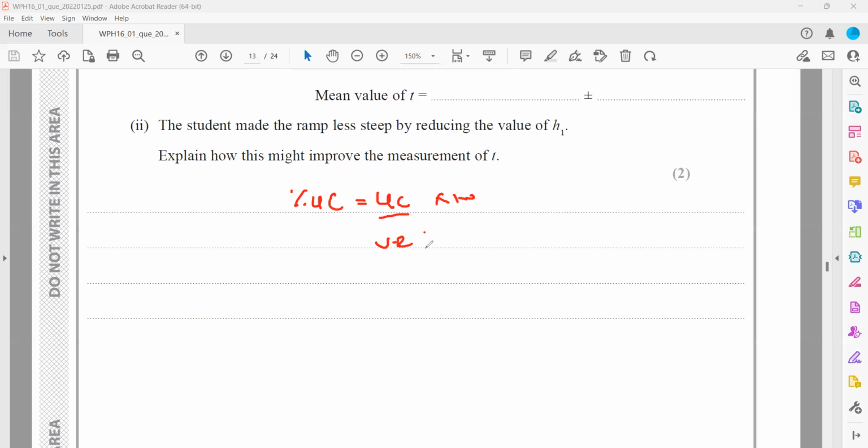So if we record a greater value, the uncertainty stays the same, it won't make much difference, but the percentage uncertainty will decrease. So for the mark distribution, you will mention it will take longer time as we reduce the slope and the time recorded will increase, so the percentage uncertainty will decrease.